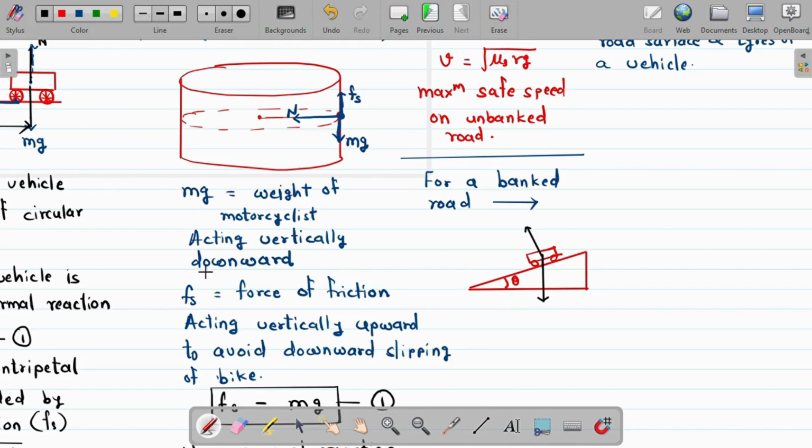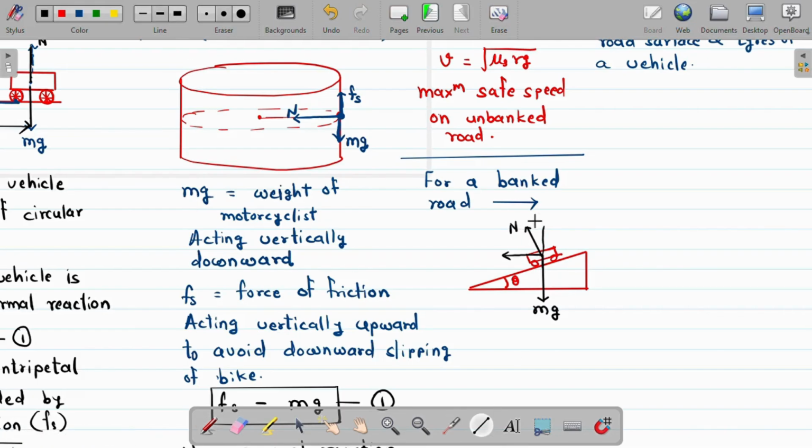So to see which component of this force is providing the necessary centripetal force, for that purpose we will just resolve this normal reaction into two components like this, one along the radius and one along the line of weight mg.